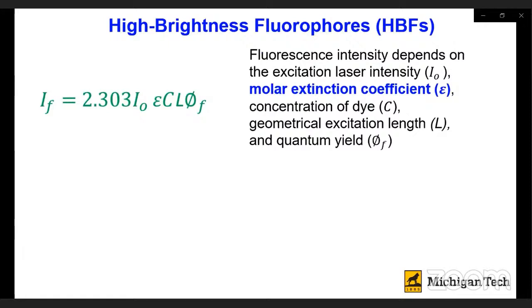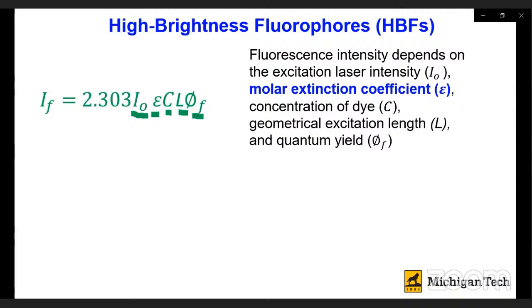As you can see, fluorescent intensity depends on the excitation laser intensity, as well as the molar extinction coefficient, epsilon. And of course, it depends on the concentration of the dye or fluorophore, as well as the geometrical excitation length and quantum yield of the fluorophores.